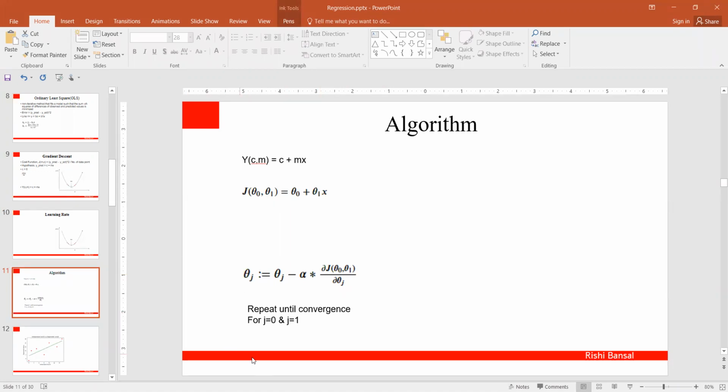This theta j is nothing but your m. M is equal to theta 1 and theta 0 is equal to c.